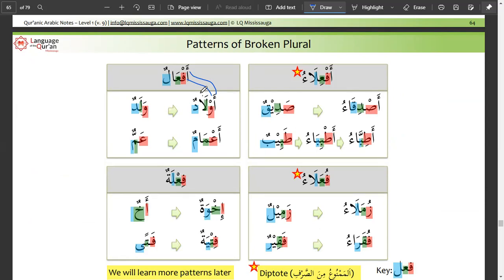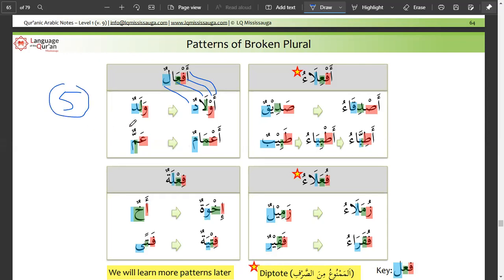Awladun. Lam and alif are on the pattern of ain and alif, and dal is on the pattern of lam. Awladun. Ammun, a'mamun. It is on the pattern of af'alun. This is number 5.